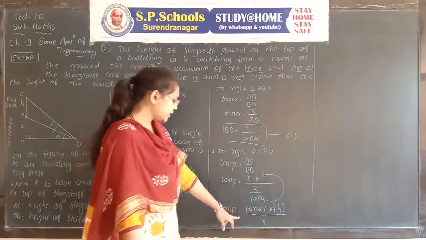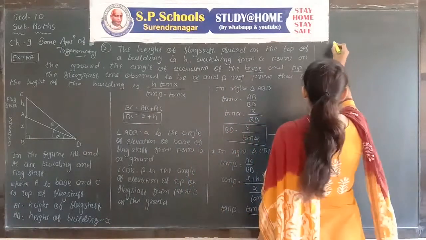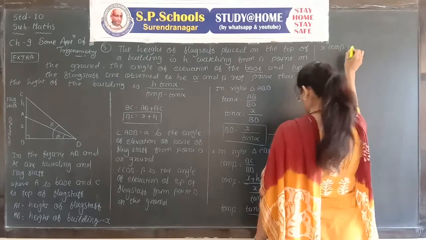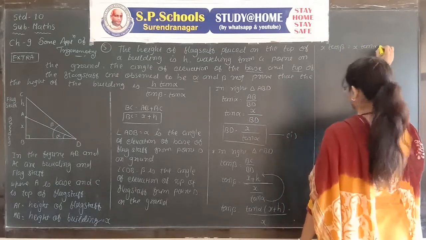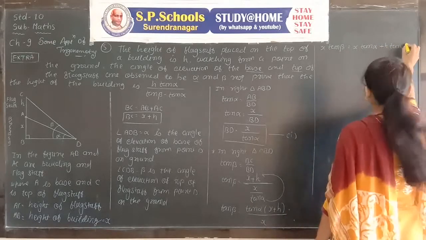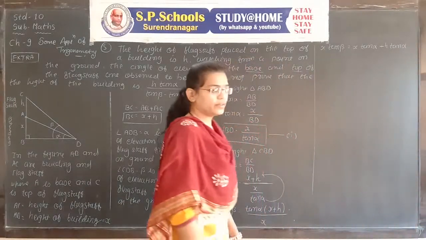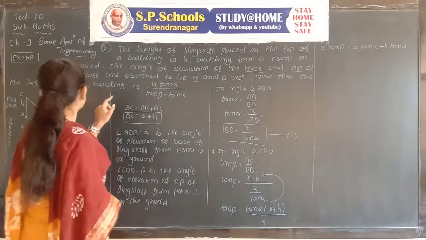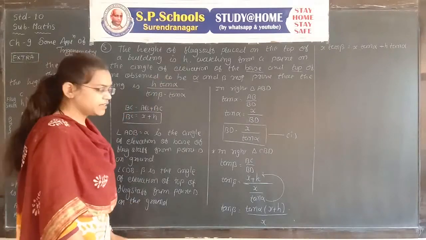Now multiply x with tan beta and tan alpha to the bracket. x tan beta is equal to x tan alpha plus h tan alpha. We make x the subject because we need to prove that the height of building x is h tan alpha upon tan beta minus tan alpha.